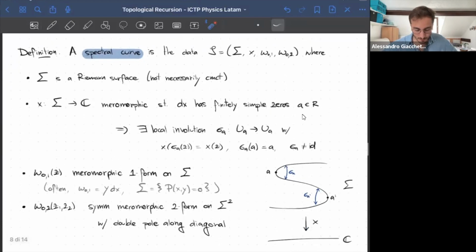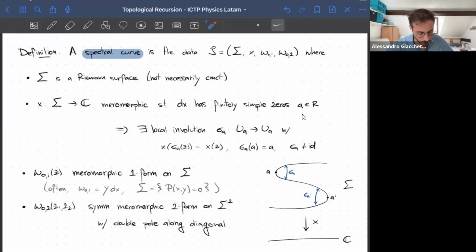So topological recursion is based on this concept of spectral curve, which is the data of sigma, a Riemann surface, which is not necessarily compact or connected. And then 3 more data, which is a function x, a 1-form omega 0,1, and a 2-form omega 0,2, satisfying certain properties.